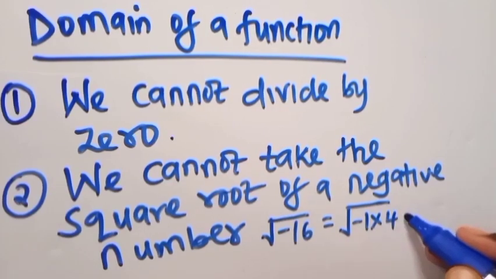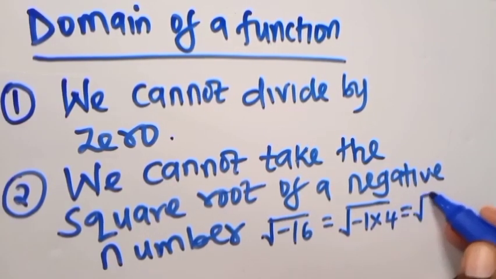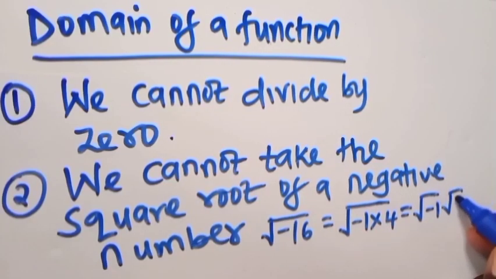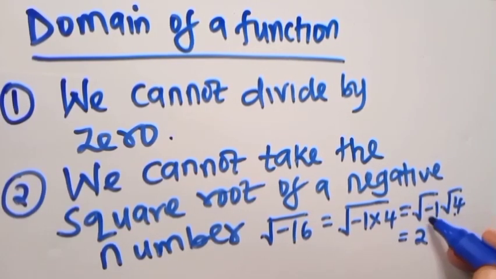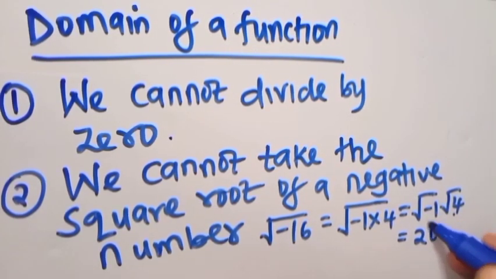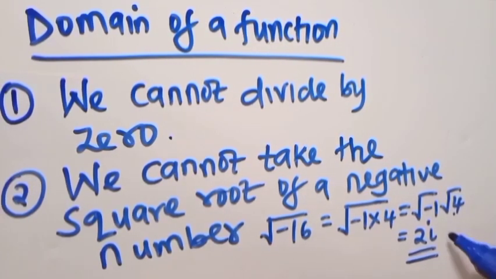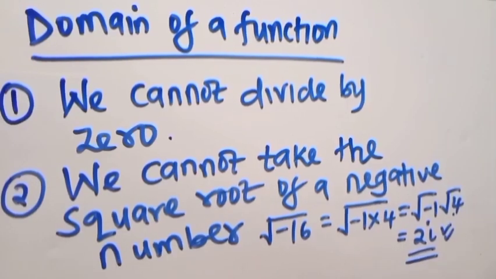In the same case, it can be the square root of negative 1 times the square root of 4. The square root of 4 is 2, and the square root of negative 1 is i. And therefore, this is not defined in the real number system because it is a complex number that we obtain as the answer.